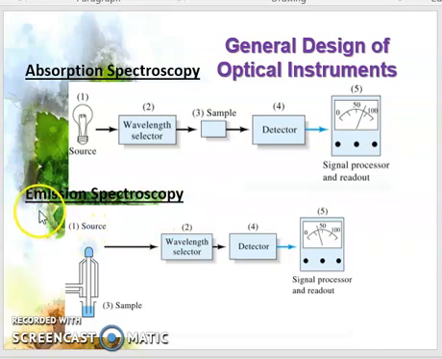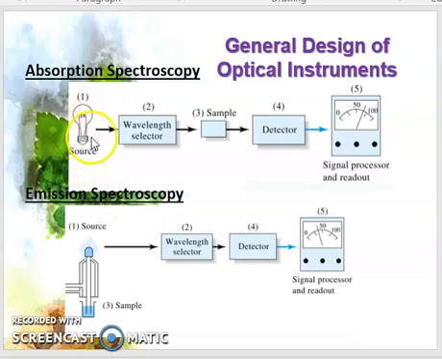If you still remember the interaction of electromagnetic radiation with the sample, kan ada banyak jenis in refraction, transmission, absorption.